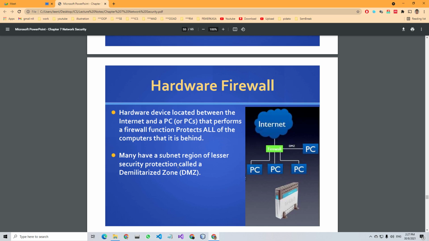So the difference between hardware firewall and software firewall is this: a hardware firewall is used to protect your computer system from the outside world, while a software firewall is used to protect a specific device from the internal system.